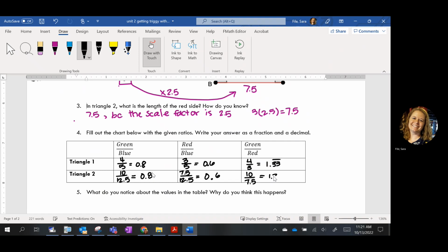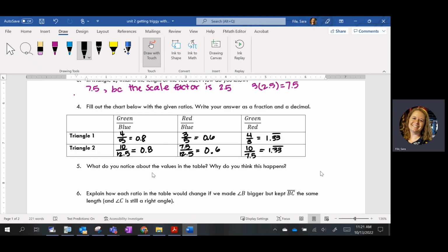So they're asking what you notice about the values in the table and why do you think this happens. So what you should notice, or what hopefully you notice, is that the ratios are the same for triangle 1 to triangle 2. Okay, I don't know if I can get this written down. It just keeps taking forever. So just listen to what I'm saying and make sure you get it written on yours if I can't get it all written down.